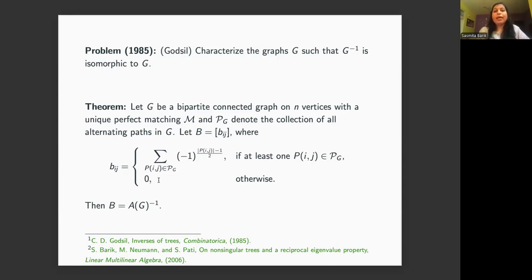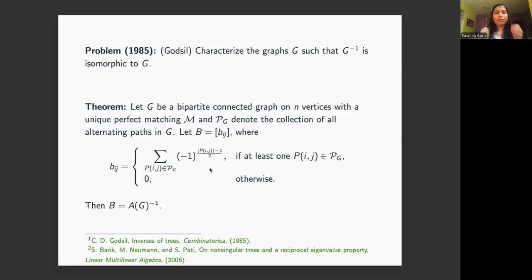And 0 if there is no alternating path between i and j. Then you will get B_ij in this way, and B_ij is nothing but the ij-th entry of A_G inverse. So you don't have to calculate A_G inverse computationally. You can describe each entry by looking at the number of alternating paths in the graph.